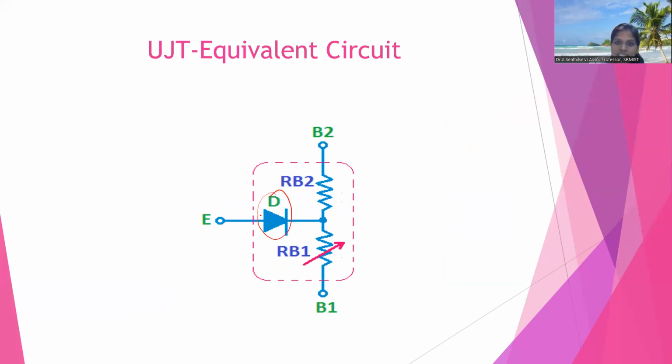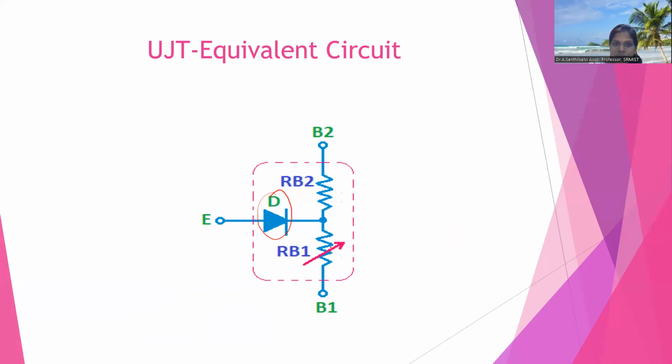I already told you that the N-type bar is lightly doped, so a high resistance is there between the bases. That's why we mention RB1 and RB2. Why is there an arrow on this resistor? It means that it is a variable resistance. Depending upon the application of base voltage, this resistance value will vary.